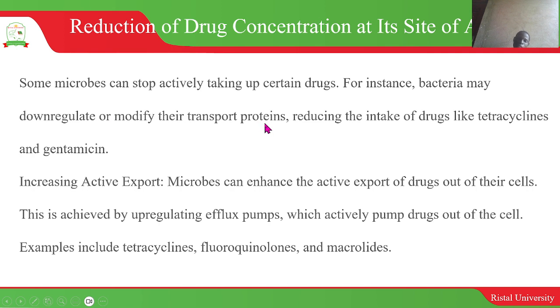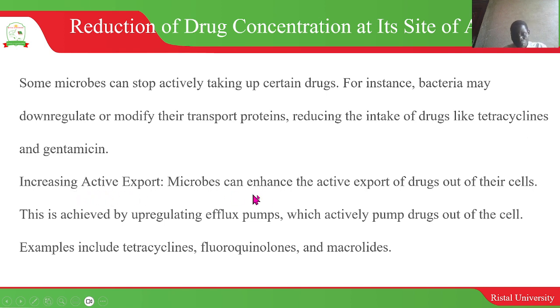So the transport protein that is supposed to bring in the drug, instead they modify it so that the drug exits the bacterial body in a faster way without really causing the bactericidal effect or the bacteriostatic effect in the bacteria, and at the end the bacteria survives and never dies from the effect of the drug. Examples of drugs towards which bacteria have shown this kind of activity are tetracycline and also gentamicin.